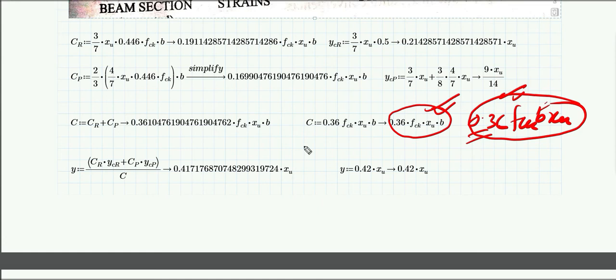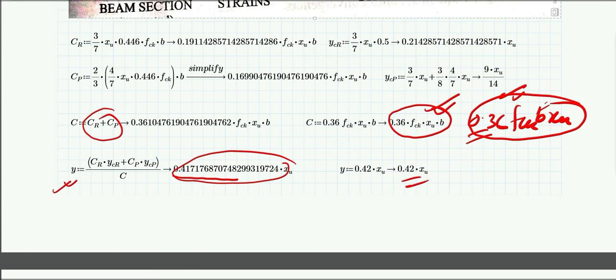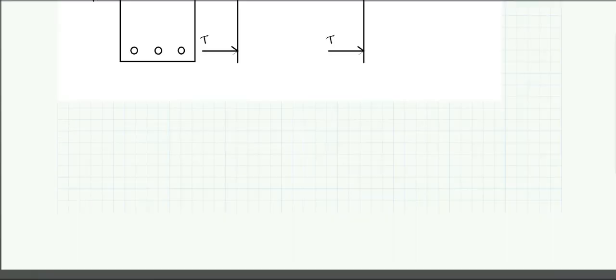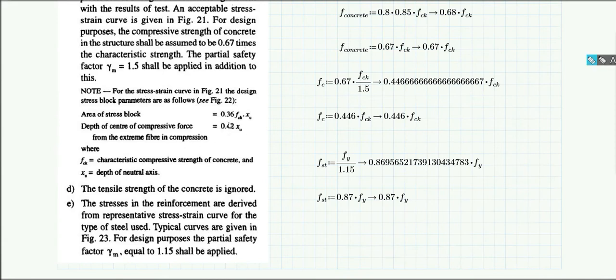This is also the compressive force. And where will this resultant compressive force act? You can find the centroid by using CR into YCR plus CP into YCP, divided by C, and this will give you 0.42 XU. Which is also given in your code in the assumption. Let's look into the assumption again. Here you can see 0.42 XU and 0.36 FCK XU.